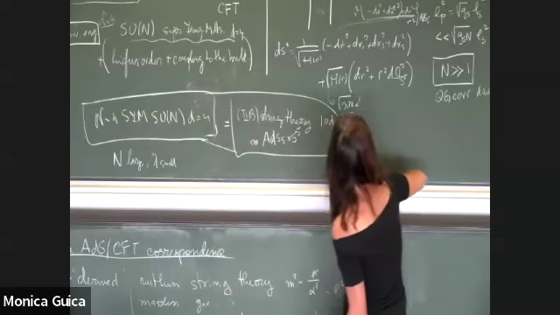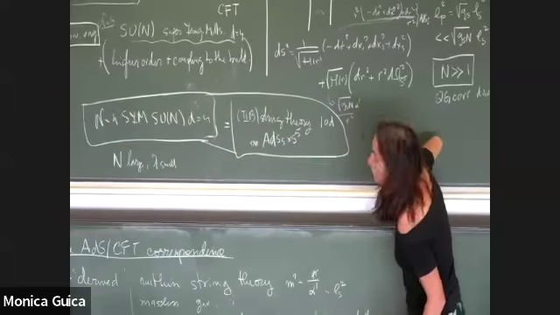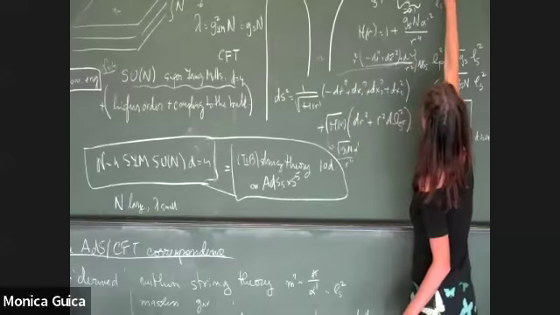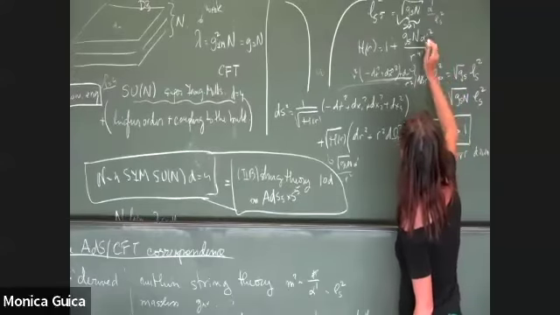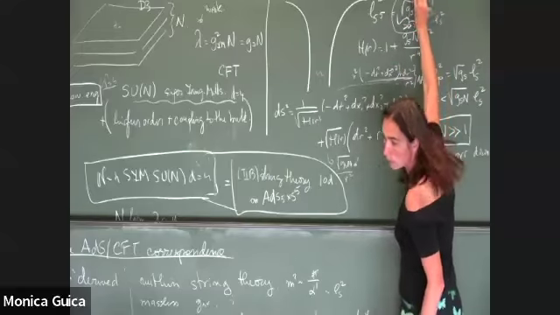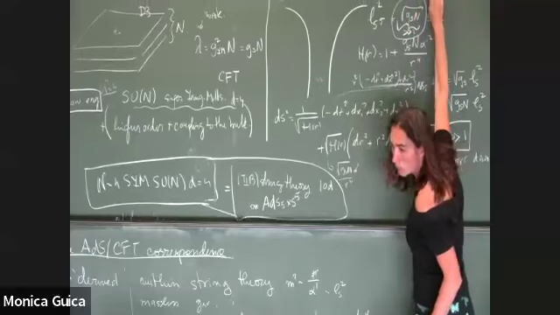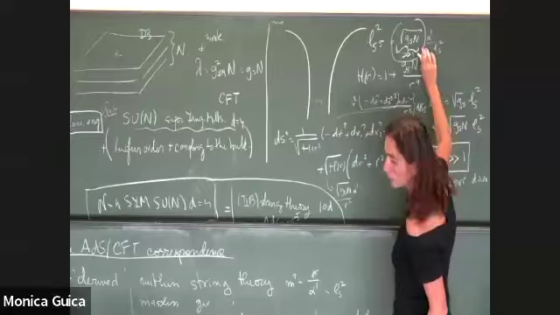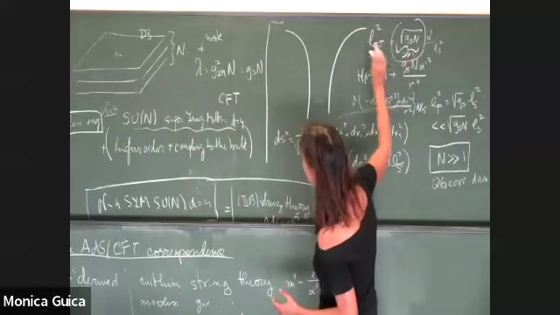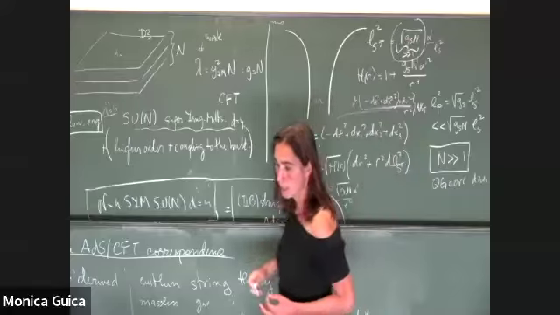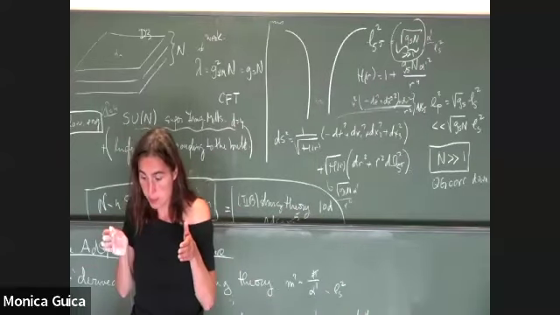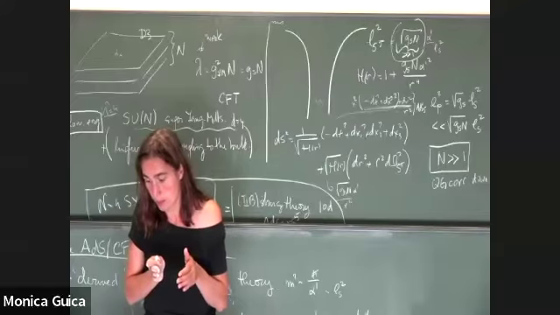What happens on the gravity side is that, as we're seeing from here, when this 't Hooft coupling, which is g_string N, is very small, then the size of the S5 is comparable to the string scale.